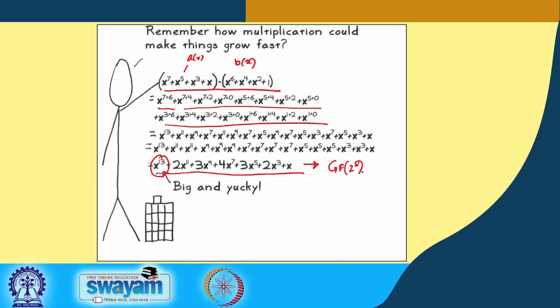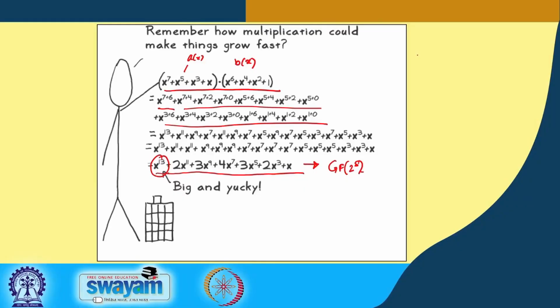In GF 2 power of 8, if I take an element, then the highest degree can be x power of 7, because you have only 8 bits to represent. So if you have terms like x power of 13, it naturally doesn't fit in the field. So you have to do something.